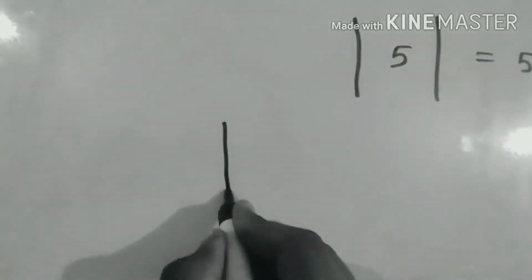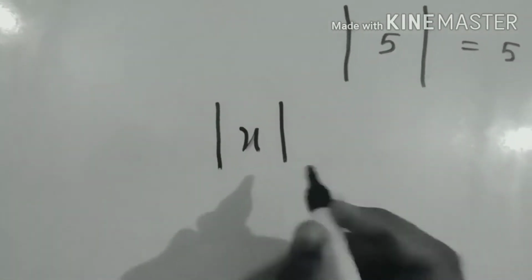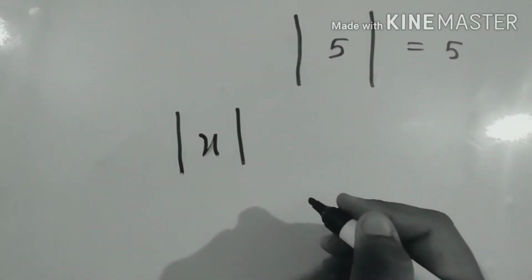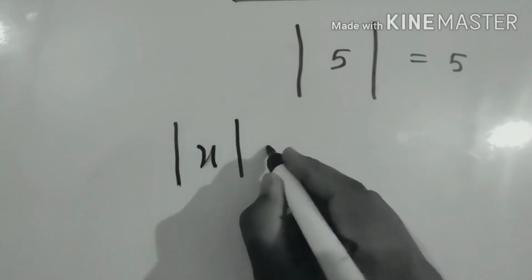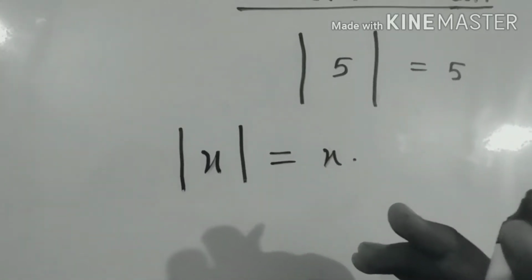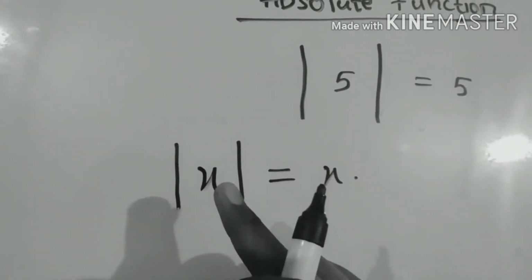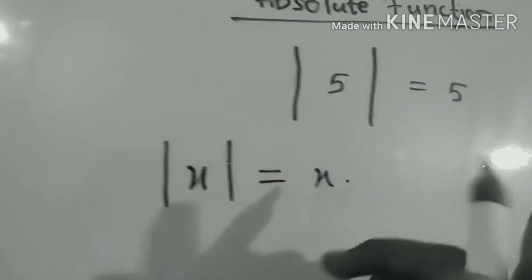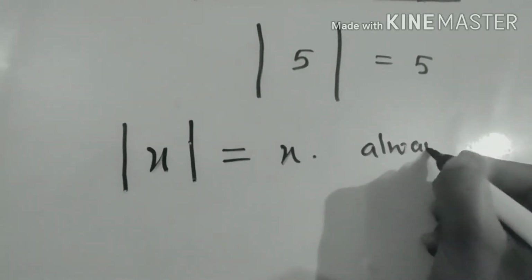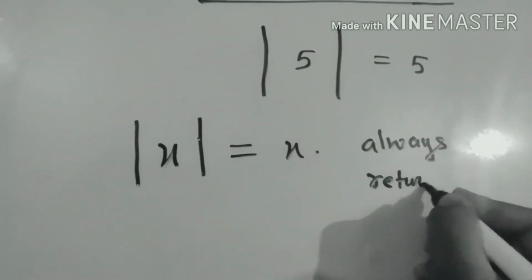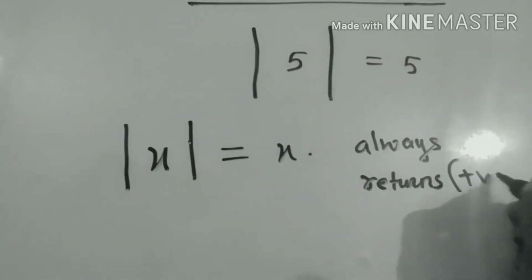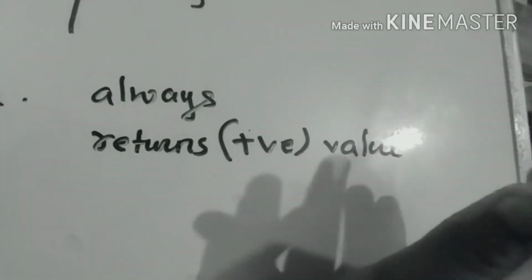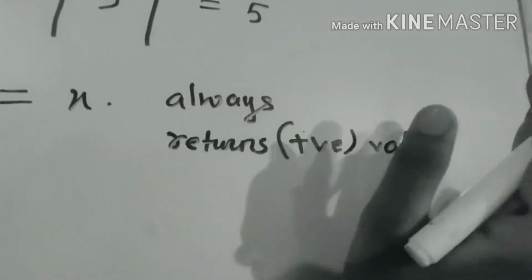Okay, so let us take modulus x, meaning the value of x. So what will be the value? We know the value will come out as x, whether it is positive or negative. And we must know that modulus always returns a positive value.